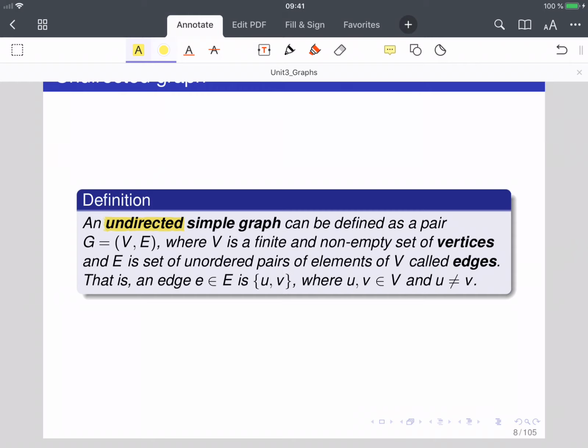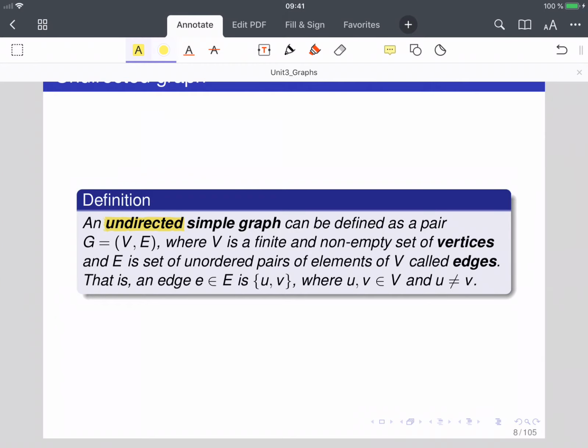In the case in which there is no direction, so the connection is from A to B and from B to A also, we talk about undirected graphs. And in this case, we are not going to have a preferred direction of the connection.